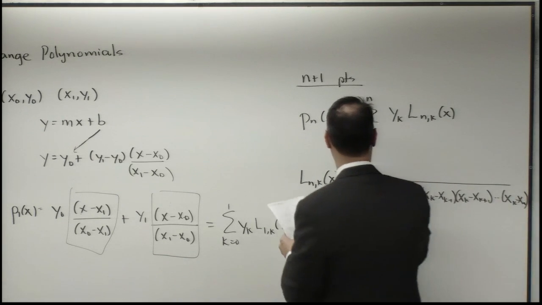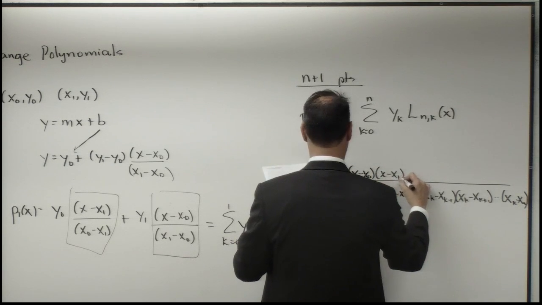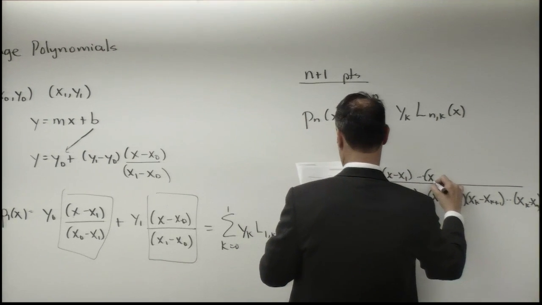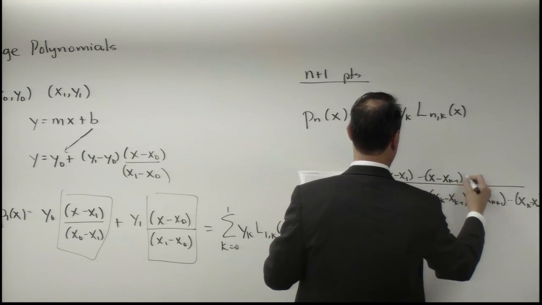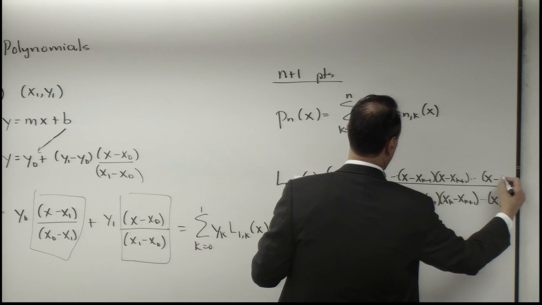And on the top, I have x minus x0, x minus x1, x minus x of k minus 1, x minus x of k plus 1, x minus x of n.